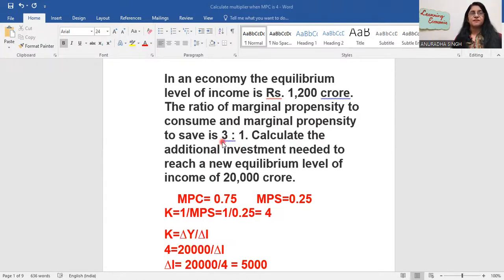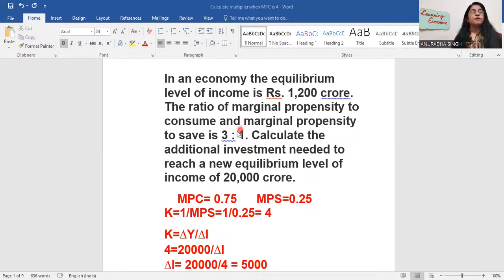Means our consumption is 75% and our change in saving is 25%. Calculate the additional investment needed to reach a new equilibrium level. That new equilibrium level will be 20,000 crores. Earlier it was 1200 crores. So MPC is equal to 0.75 and MPS is equal to 0.25.